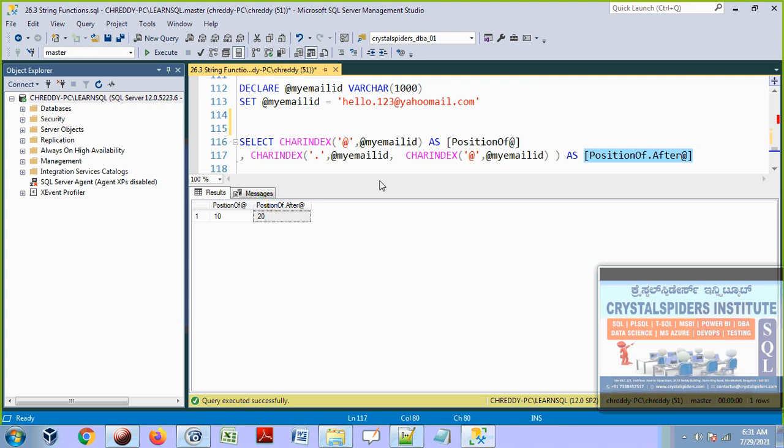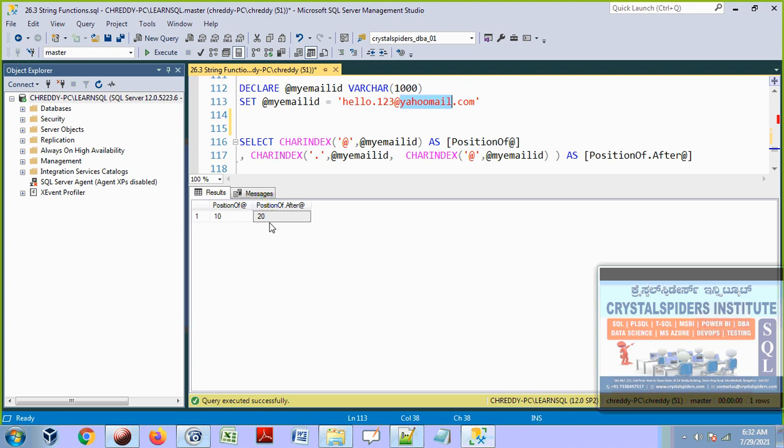Okay. So next I want to see how many characters are there between the position of the at the rate symbol and the position of the dot symbol. I will do one thing: just do the position of dot minus the position of at the rate symbol. It will give the number of characters between these two positions.